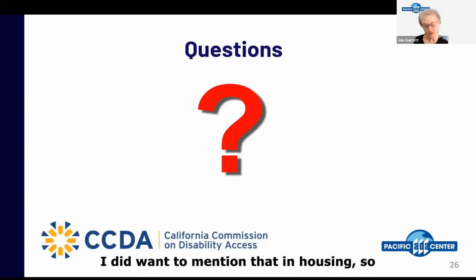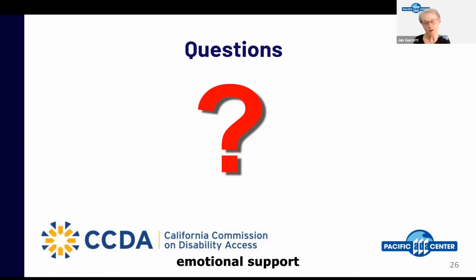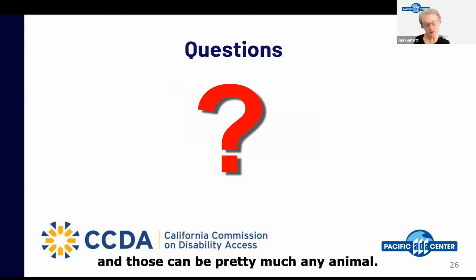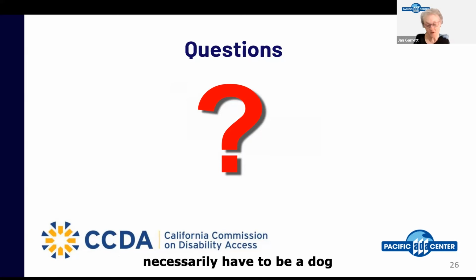I did want to mention that in housing, so in the Fair Housing Act, emotional support animals are allowed, and those can be pretty much any animal. They don't necessarily have to be a dog or a miniature horse, but that's really only in housing and only under the Fair Housing Act as a law. If you're talking about the ADA, you're talking about dogs and miniature horses.